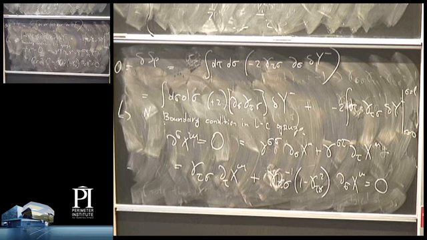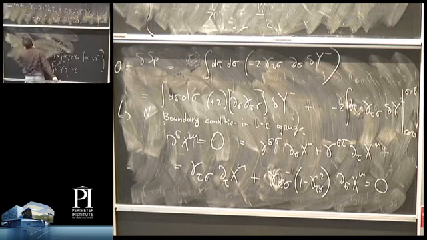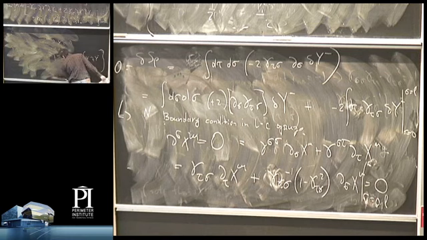I haven't done anything. I just took the Neumann boundary conditions and rewrote them in the light cone gauge. And the index mu should run over all dynamical fields.